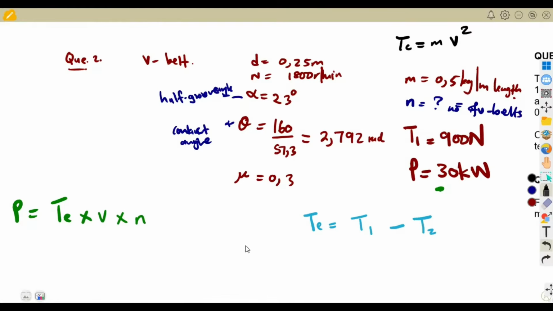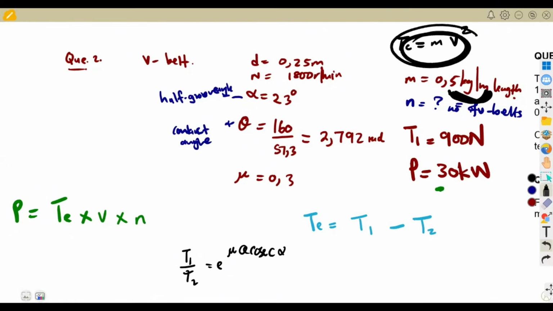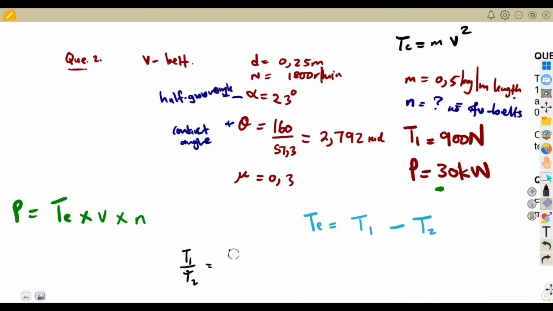Remember that the ratio between T1 and T2 was supposed to be like this: T1 over T2 is equal to e to the exponent of mu theta cosec alpha for a V belt. That was supposed to be the formula, but because you are given the mass per meter length, that means we are supposed to have the centrifugal force there. And once the centrifugal tension is there, the formula is no longer like this.